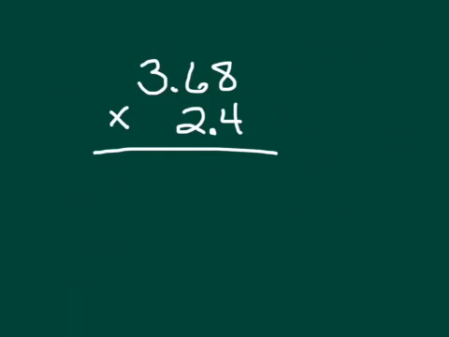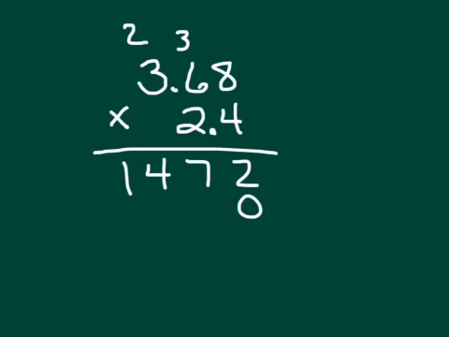Here's another example where we have 3.68 times 2.4. The first step tells me to ignore the decimal points and just multiply. So 4 times 8 is 32. 4 times 6 is 24, plus 3 is 27. 4 times 3 is 12, plus 2 is 14.